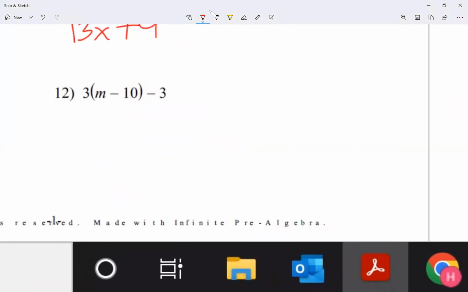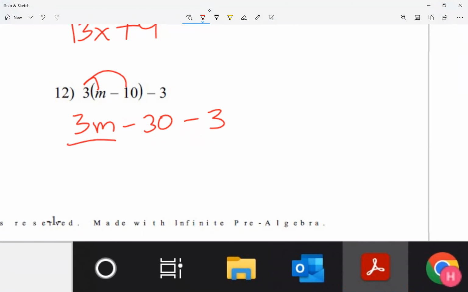Lastly, let's take a look at number 12. I'm going to multiply the 3 outside of the parentheses to the terms inside. 3 times m is just going to be 3m. A number times a variable, we just combine them. Okay, now 3 times a negative 10 gives me a negative 30. And there's a minus 3 that has nothing to do with parentheses. Now, when I combine my like terms, I look at those that have a letter.